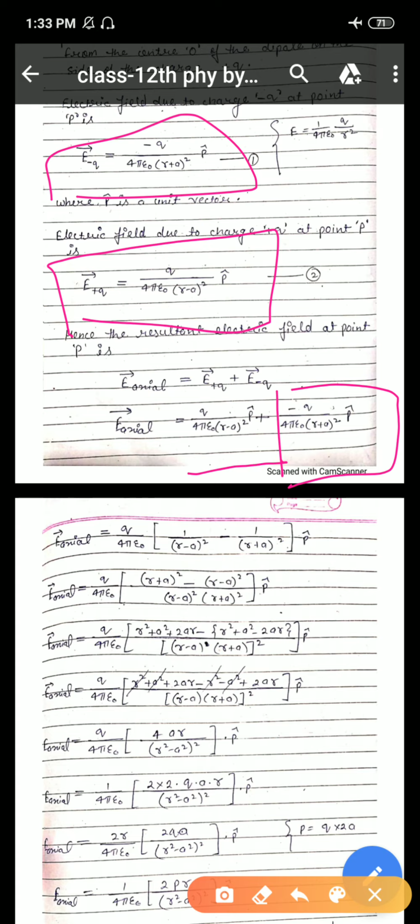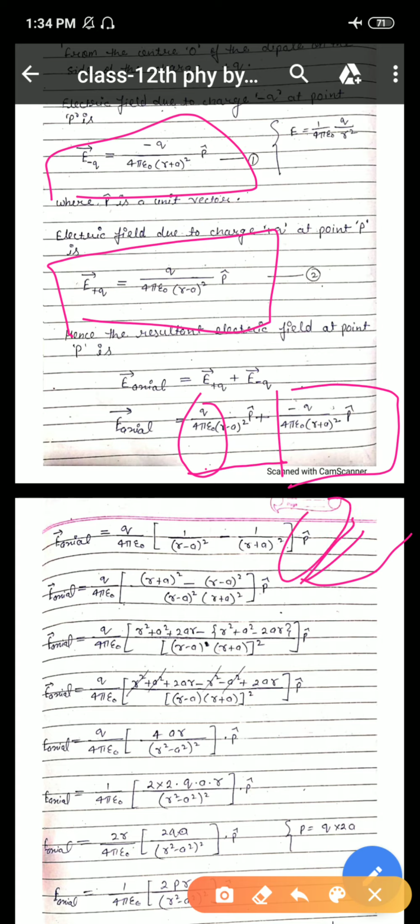Now see, q upon 4 pi epsilon naught is in both electric fields, so we take it in common, then within a bracket 1 upon r minus a whole square minus 1 upon r plus a whole square. Is it clear?